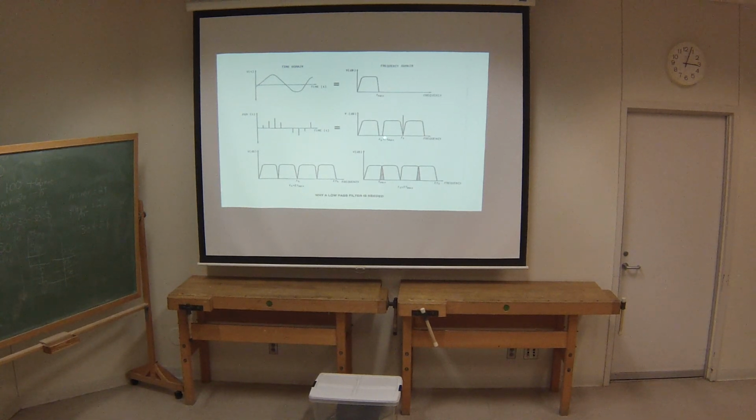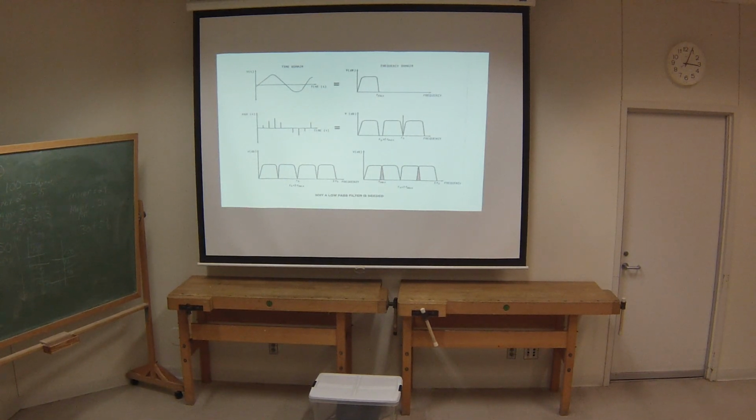So, in other words, the lower edge of the lower sideband right here would be 44.1 kilohertz minus 20, or 24.1 kilohertz. And the upper edge of the upper sideband would be 44.1 kilohertz plus 20 kilohertz, or 64.1 kilohertz. And so if you looked at the output of one of your first generation compact disc players with a spectrum analyzer, you would see this kind of display.